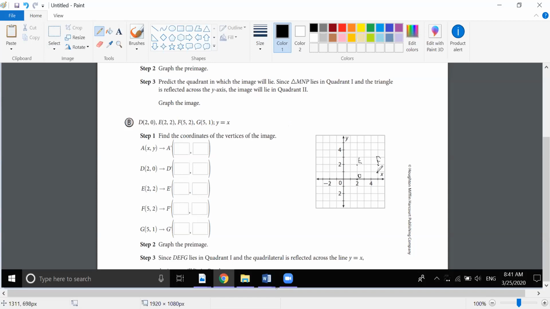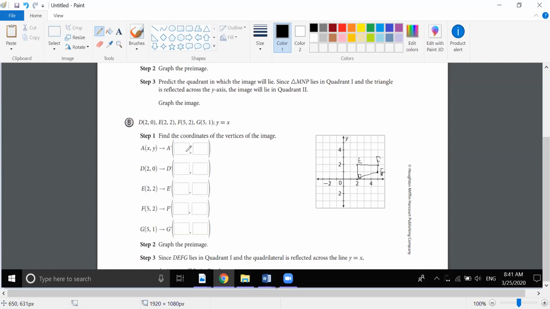It's a very, very strange shape, but it's okay. This is G. So if I try to close my figure, this is my strange figure: E, F, G, and D.